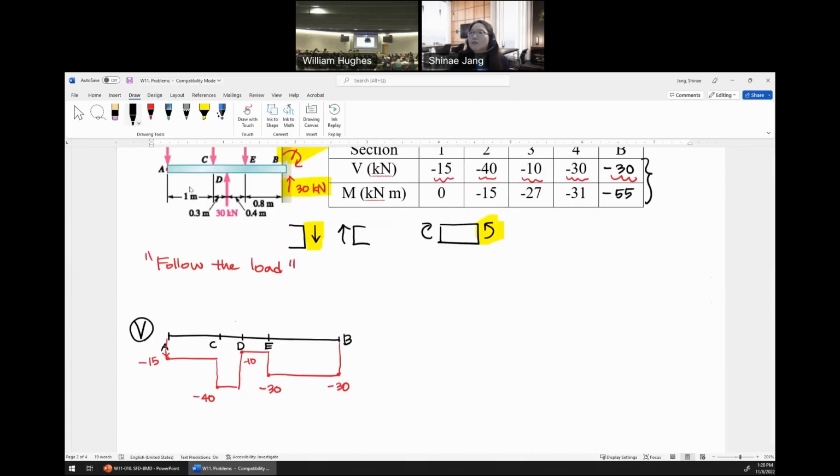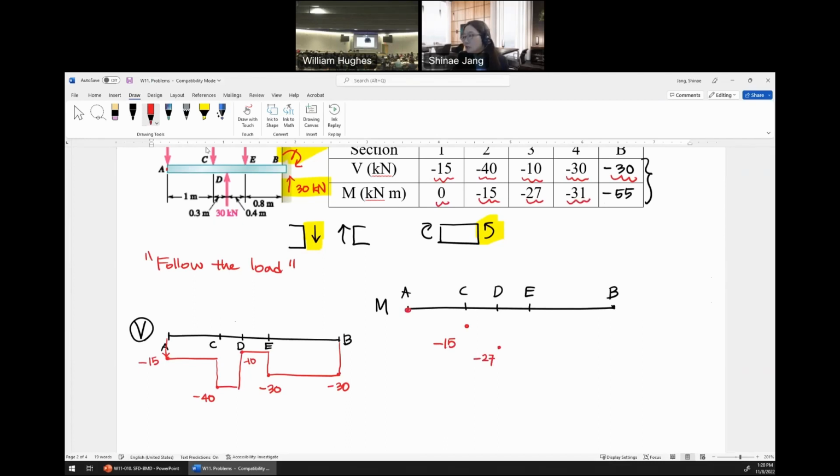Okay, now the bending moment diagram. So here, again, a baseline for moment. This is A, this is C, this is D, this is E, and this is B, right? And then we have these 5 points. At 1, we have 0. At 2, minus 15. At 3, minus 27, so less than twice.